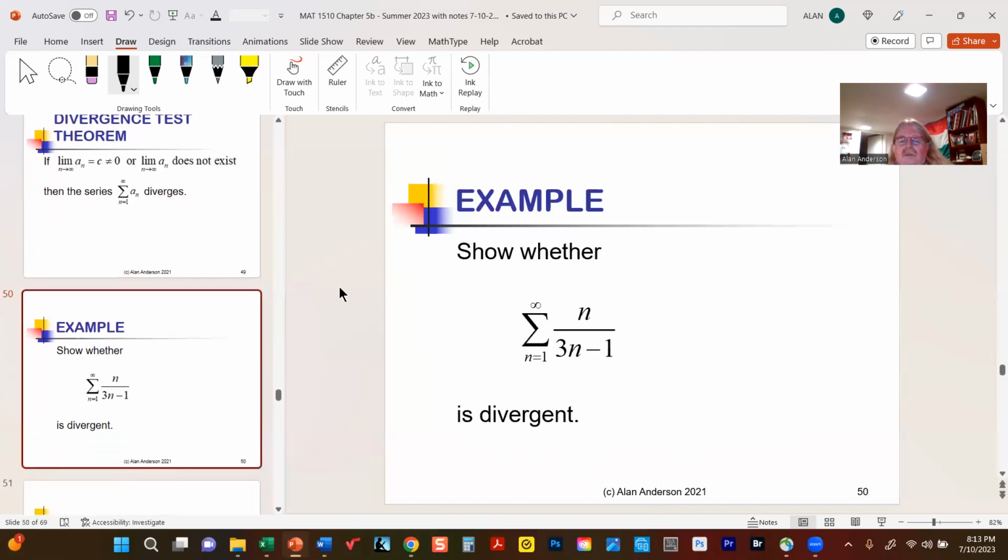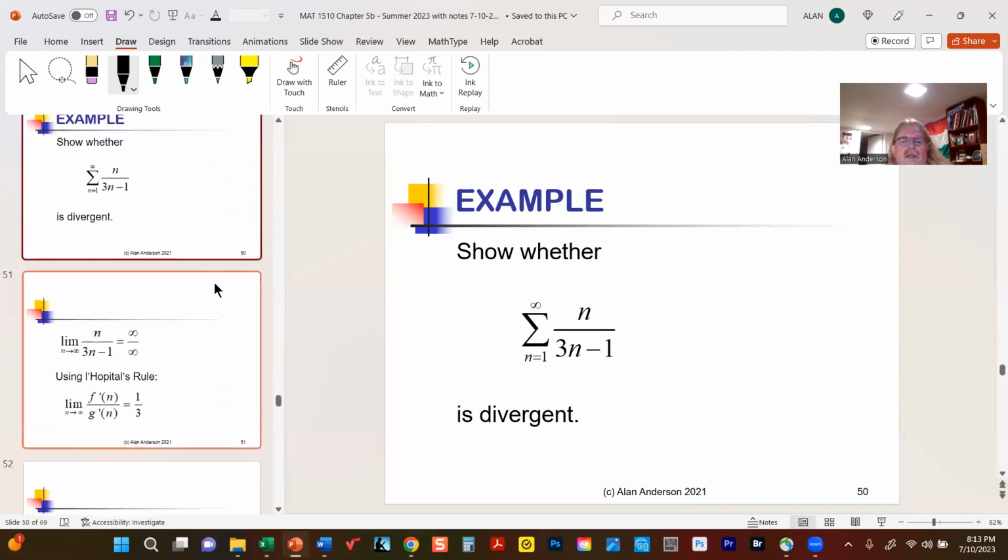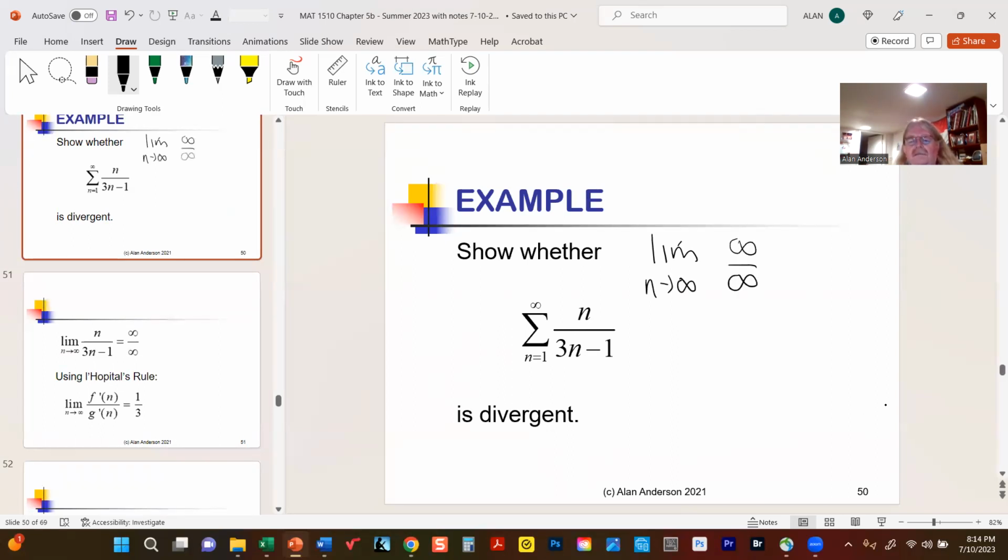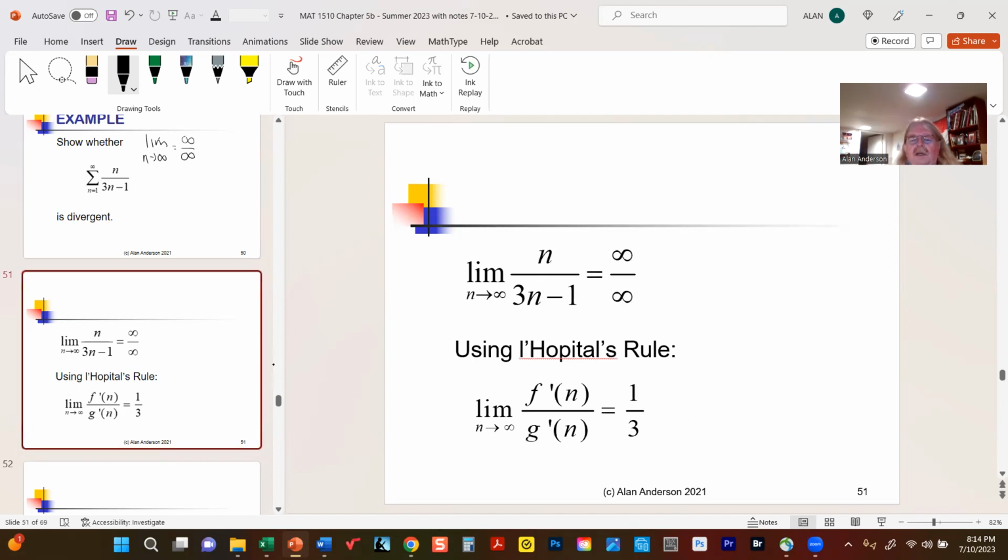All right, how about this one? If you substitute infinity here, you'll just get infinity over infinity. So we're going to use L'Hopital's rule, our old friend, which tells us that we can now replace this ratio with the derivatives.